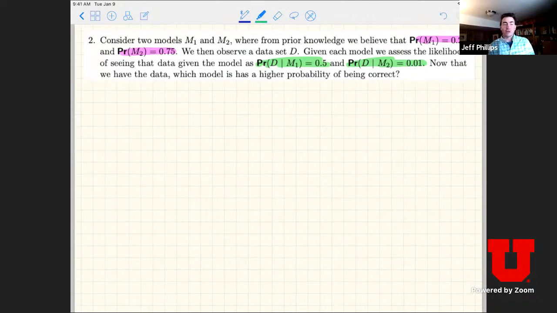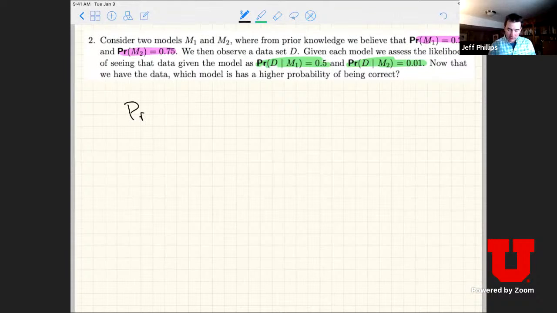But we had priors, which were the opposite. The prior was that model 2 was more likely before we saw the data. Now we have the data. We want to know which model has higher probability of being correct. We have discrete probabilities here, so we can calculate everything. And remember, we just need to compare the probabilities.